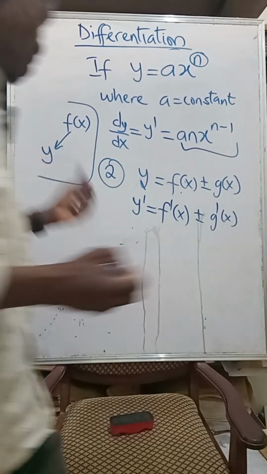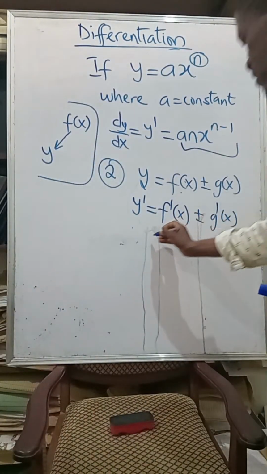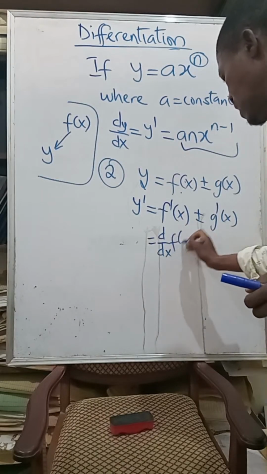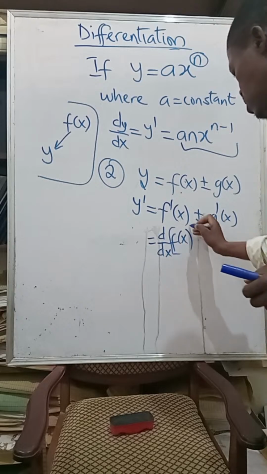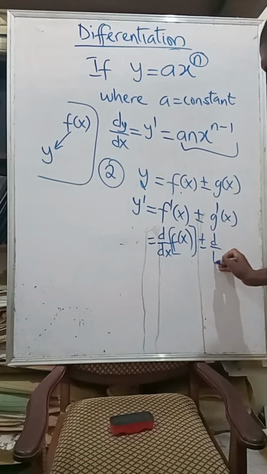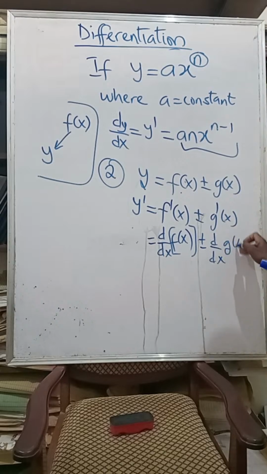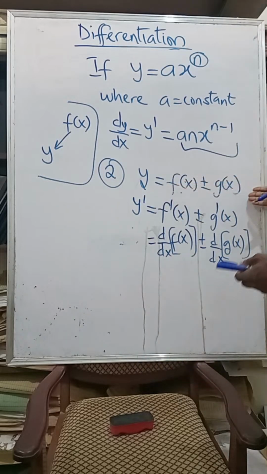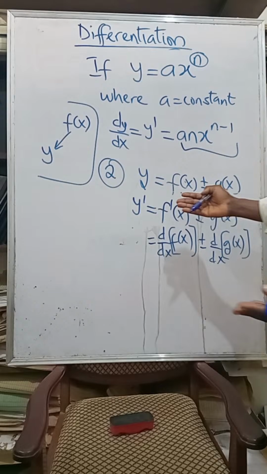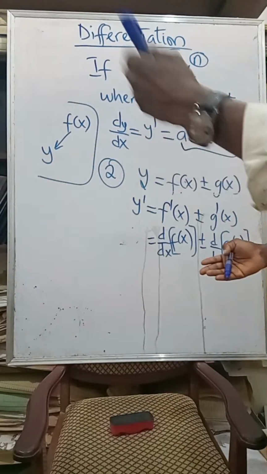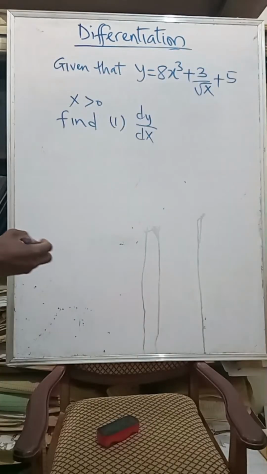Your f prime of x is the same as d/dx of that function, and your g prime is the same as d/dx of that function. So when you have a sum or difference of functions, the derivative will be the derivative of each of those functions.